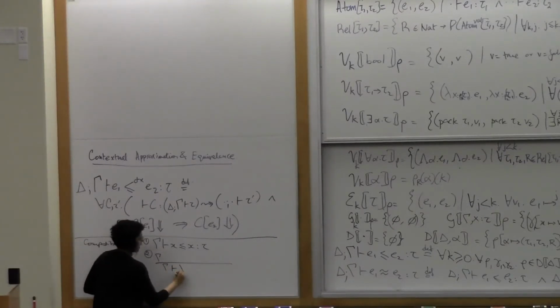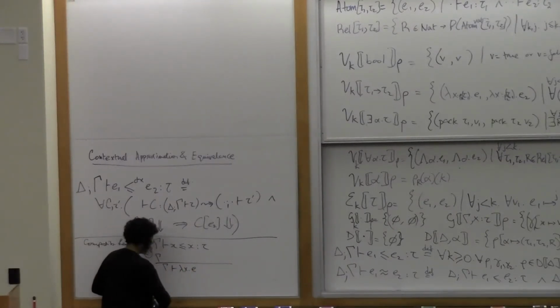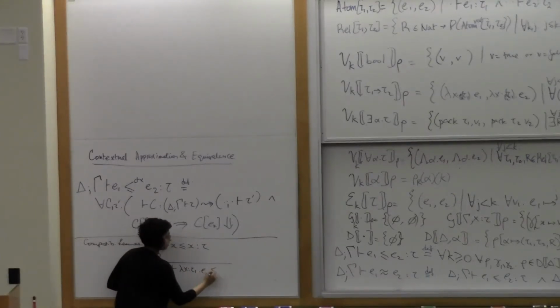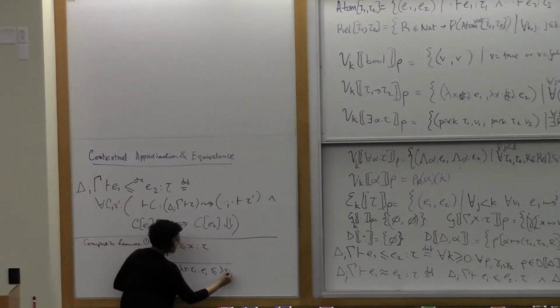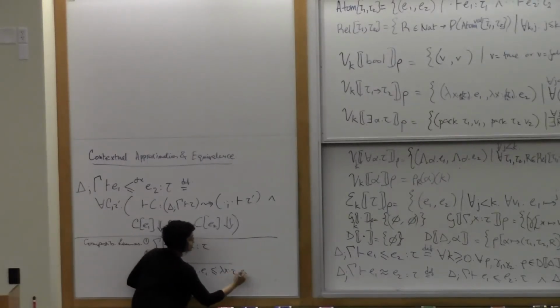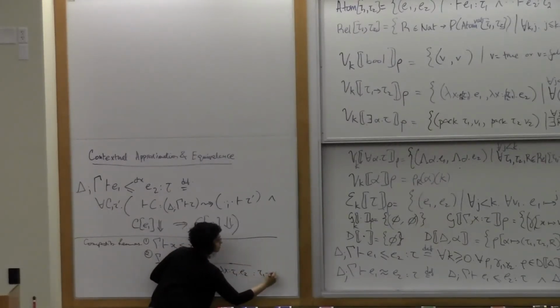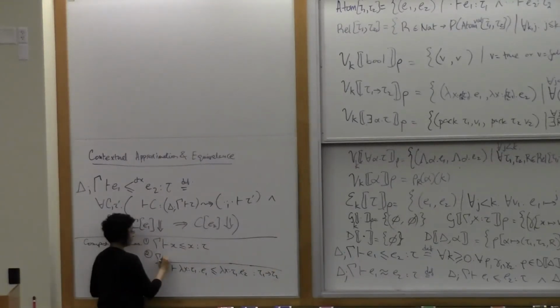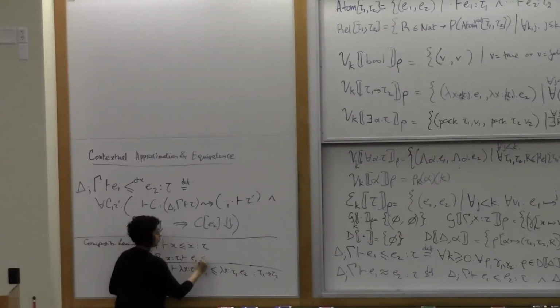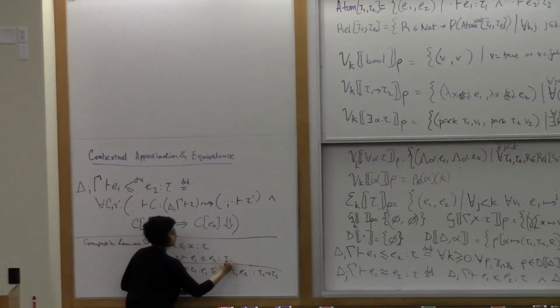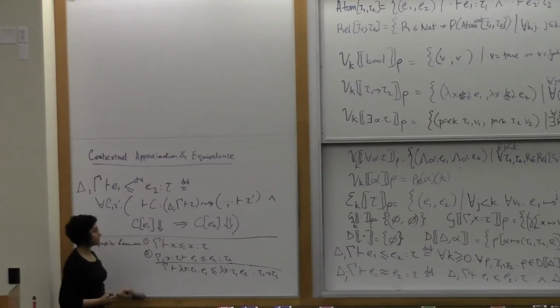Okay, so I want to prove that gamma, lambda x colon tau1 dot E1 logically approximates lambda x colon tau1 dot E2 at the type tau1 arrow tau2 if I know that under the extended environment E1 logically approximates E2 at the type tau2. So given this fact, you want to prove this fact.